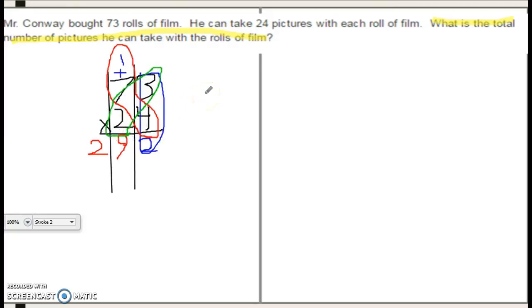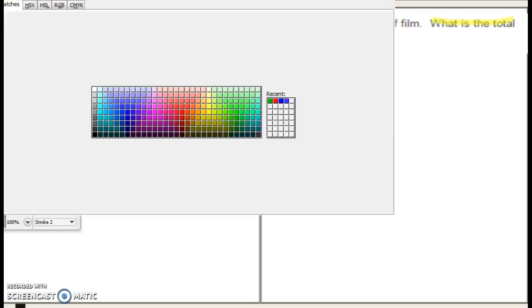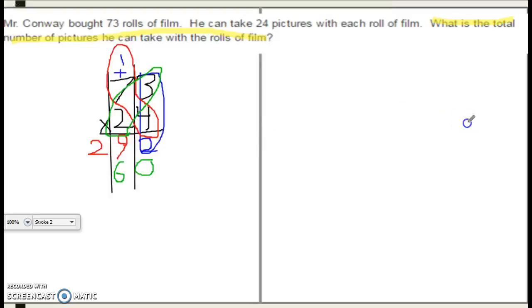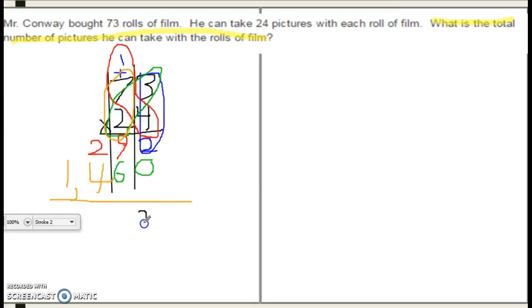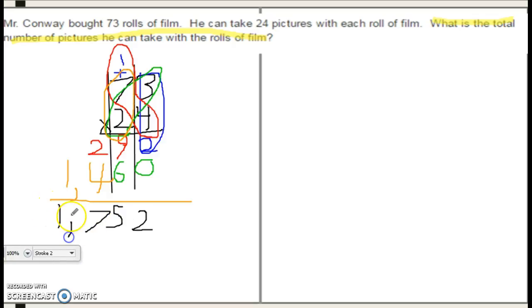Now this is actually 73 times 20, so we're going to bring down a 0. 2 times 3 is 6. And we are going to multiply now the 2 times 7. 2 times 7 is 14. So that will give us a total, let's add everything up here, 1,752 pictures.